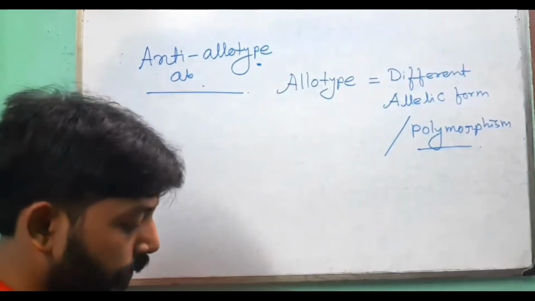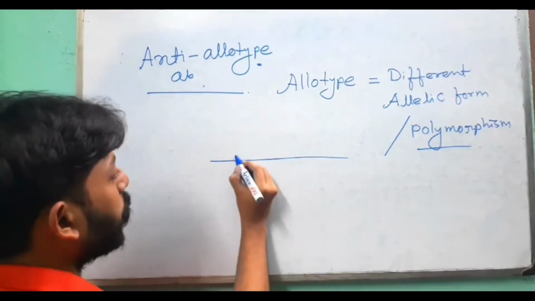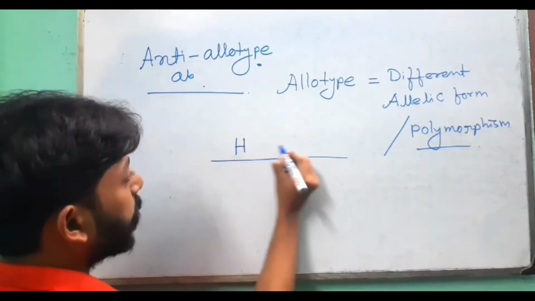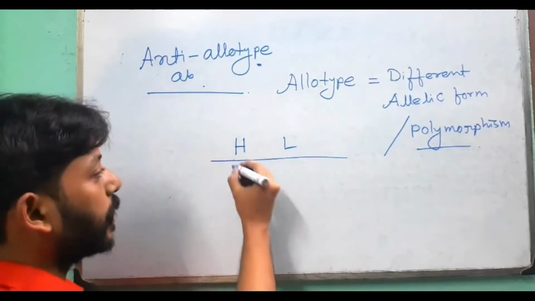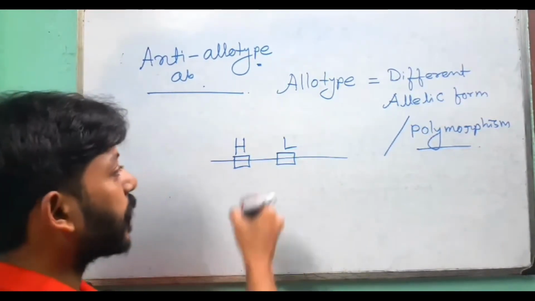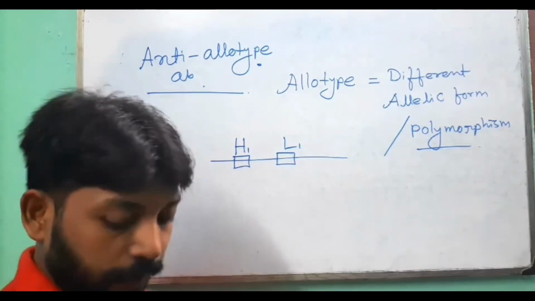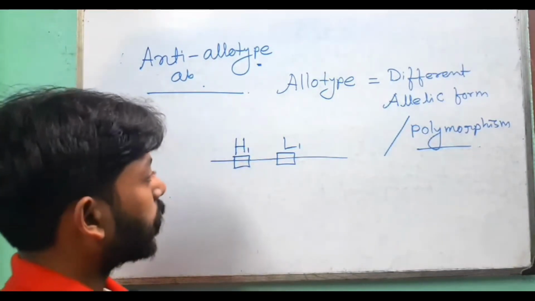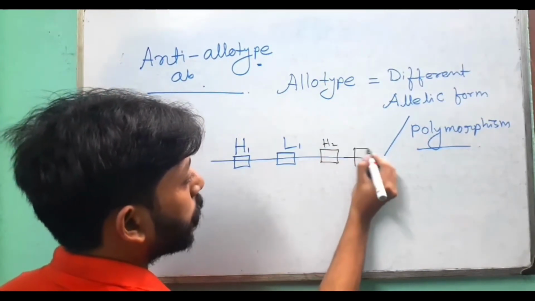As I have already mentioned, the antibody is composed of heavy and light chain. There are some antibodies, or some heavy and light chains, that are formed in different allelic types. Let's assume this is H1, L1. There are also heavy chains like H2, L2.